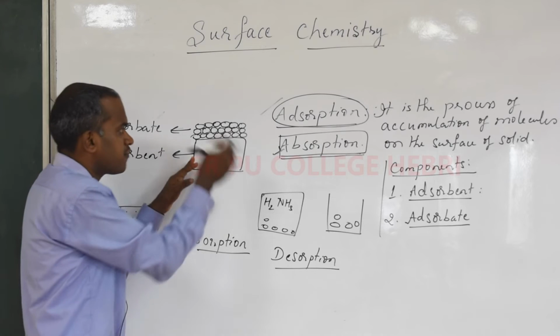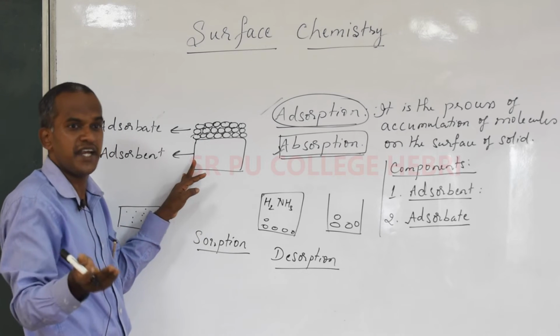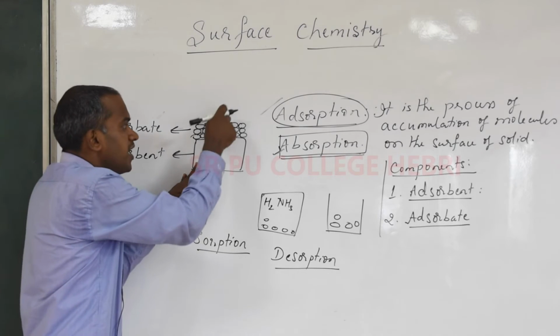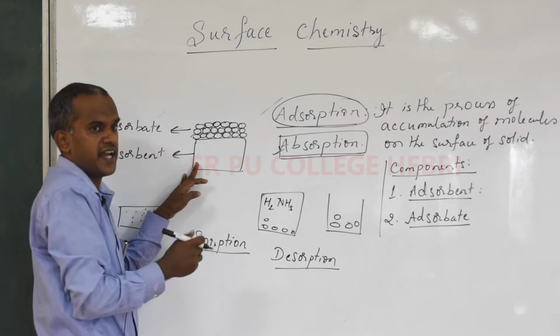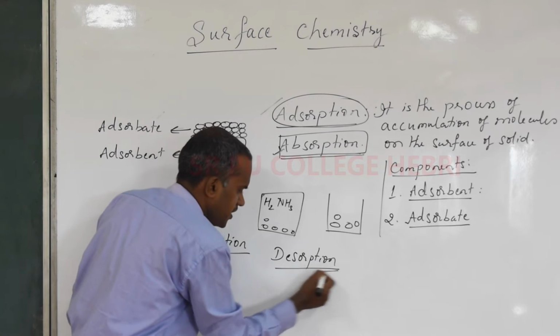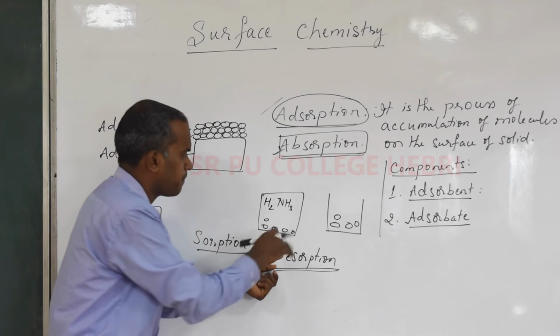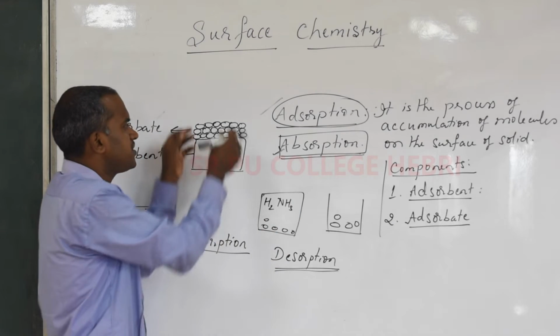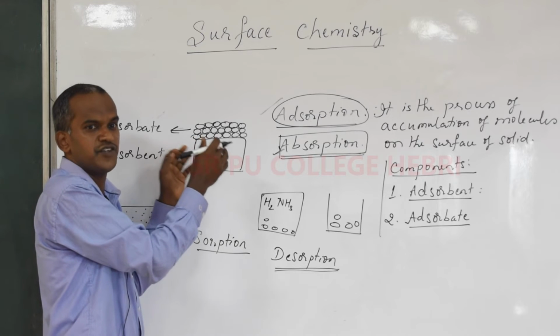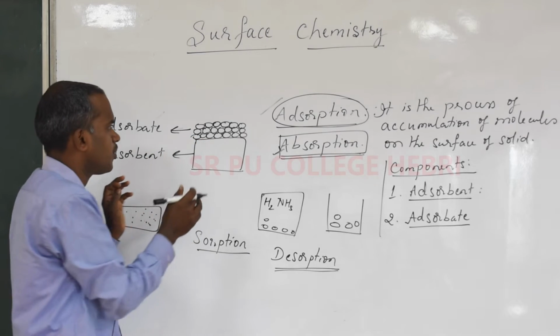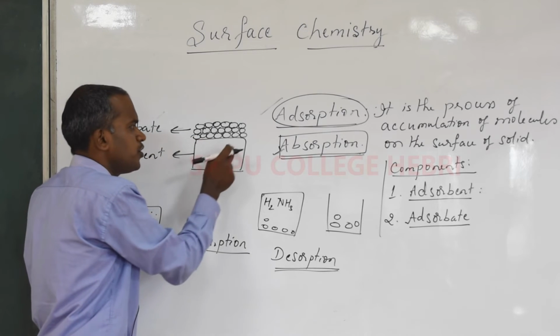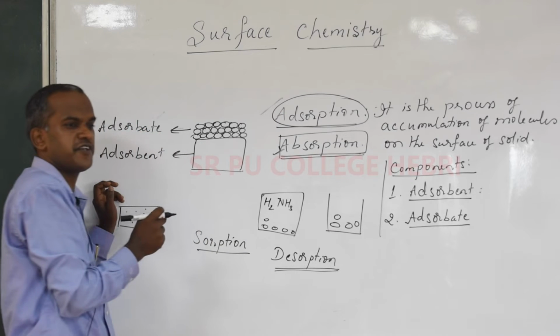After accumulation the particles may get detached also. If the accumulated particles get detached, it is called desorption. So what is desorption? It is a process of separation of the particles accumulated on the surface of a solid.